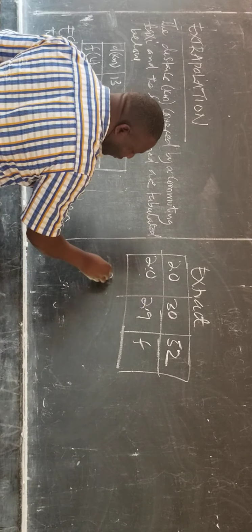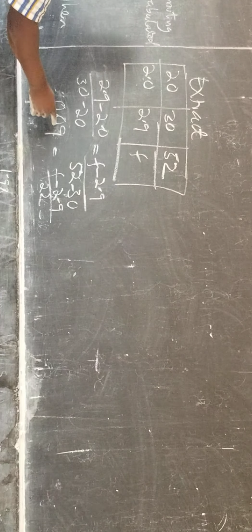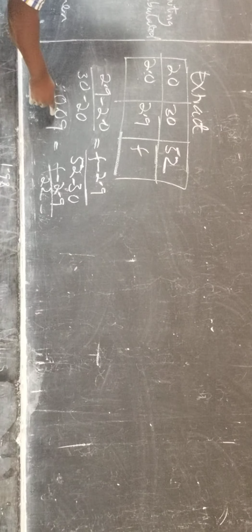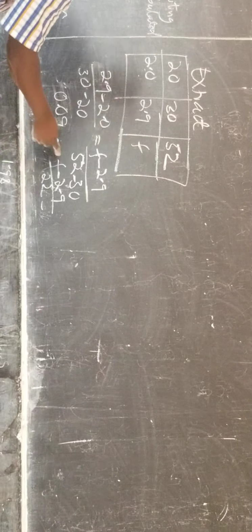So if we use the calculators here to manipulate 2.9 minus 2.0, we get 0.9, then 30 minus 20 we get 10, then 0.9 divided by 10 we get 0.09. Then we have f minus 2.9 over 52 minus 30, which is 22.